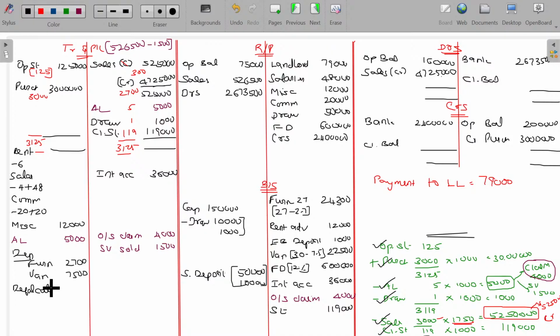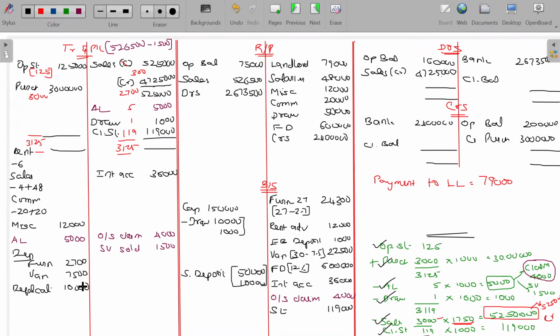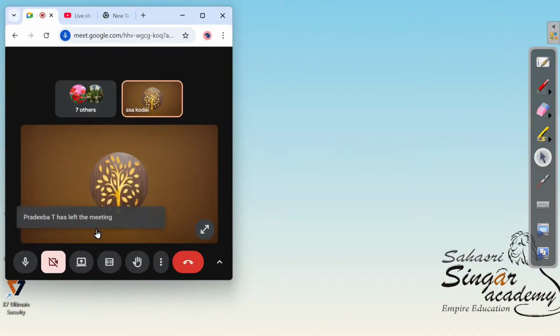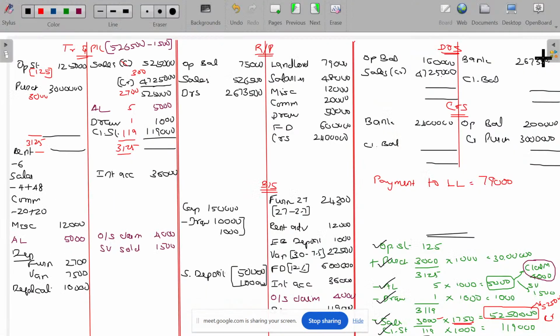Defalcation losses, the value being 10,000 rupees. So this value being 10,000. Is that clear? Hope now you will be able to understand this defalcation case.